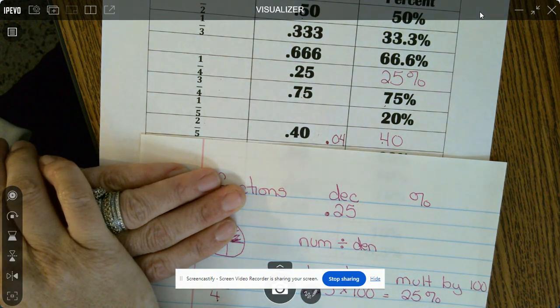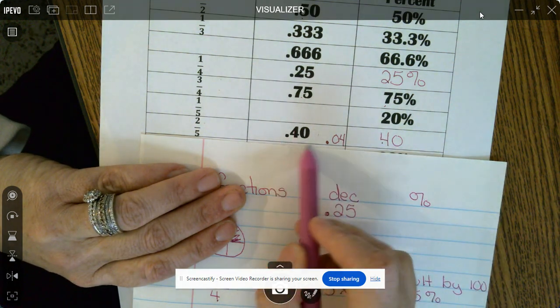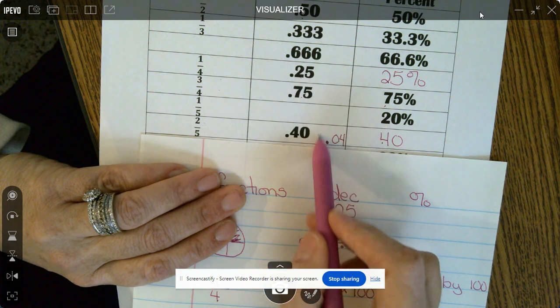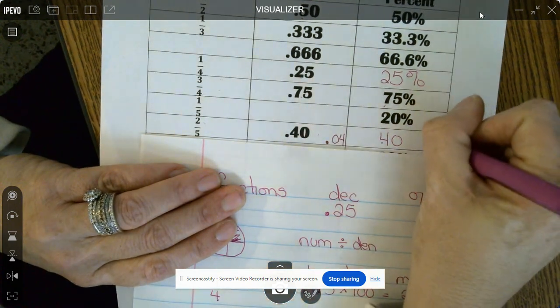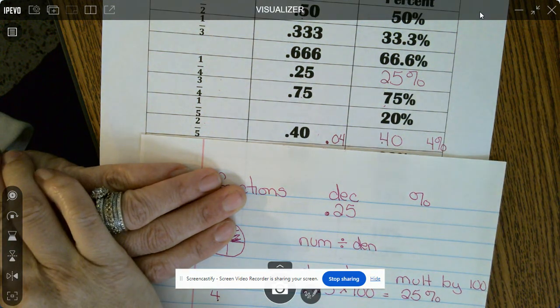It would be 4%. So make sure on the assignment that you guys are careful, because some of them you're going to get like this, and some of them you're going to get ones like this. And those are common errors that you guys are going to see. Are you guys good on this?